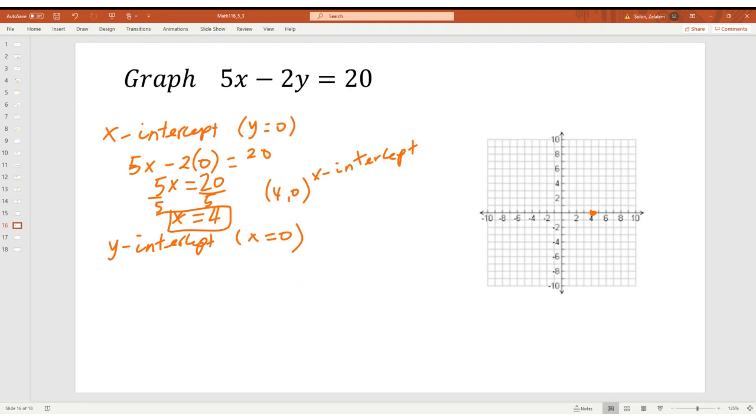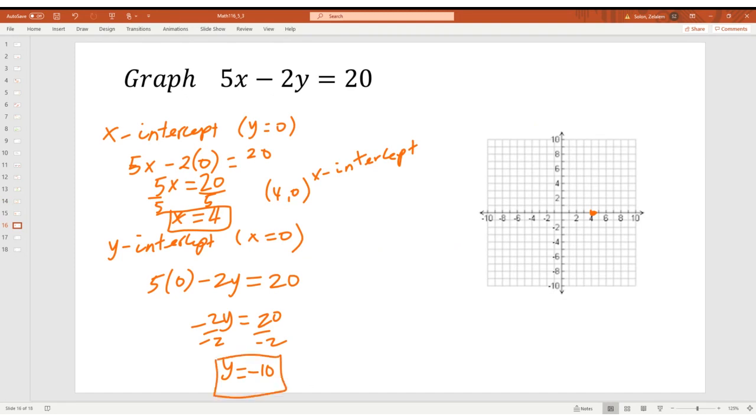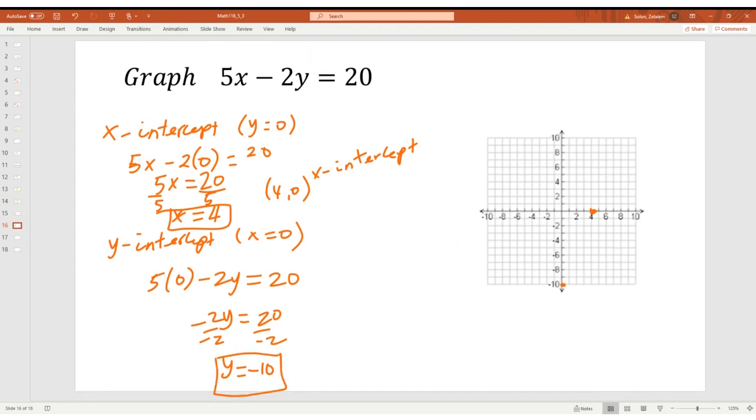Now for the y-intercept, x is 0, so you have 5 times 0 minus 2y equals 20. So this is 0, negative 2y equals 20, divided by negative 2, y equals negative 10. Excellent. Most of you got this one right also. So x 0, y negative 10 is the y-intercept.